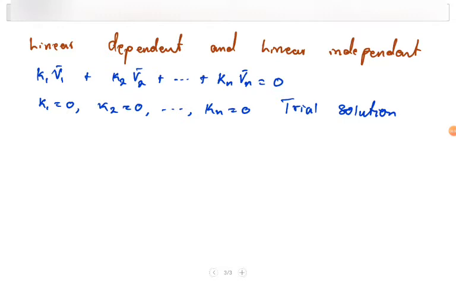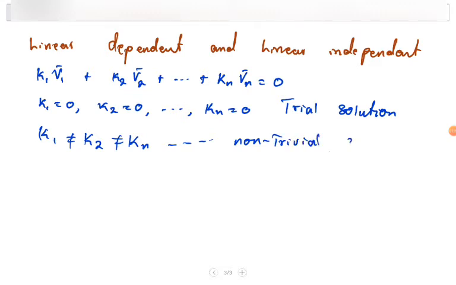Another thing that you can try to find is where k1 is not equal to k2, and this is not equal to even kn, but still this makes the equation 0. So we're going to call that a non-trivial solution.